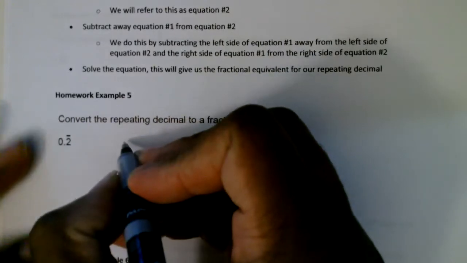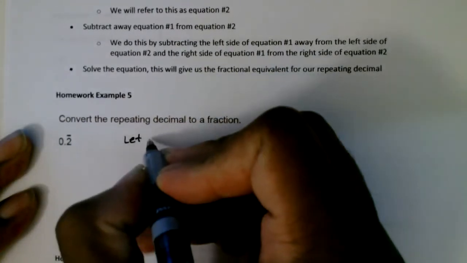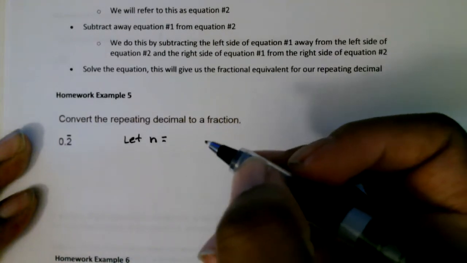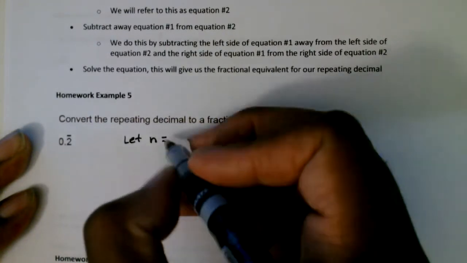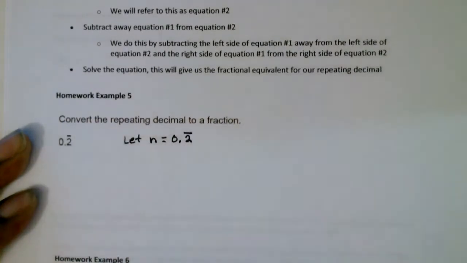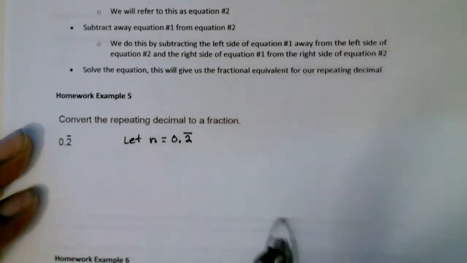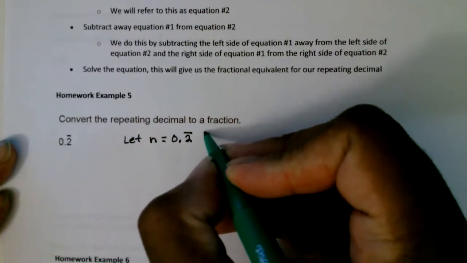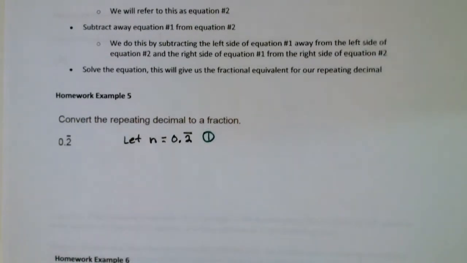I'm gonna let n, I'm just using any variable that I like, which is a letter used to represent the number. N will be the 0.2 with a bar on top. So this right here will represent equation 1. So I'm gonna put a 1 with a circle there. That's gonna be equation 1.